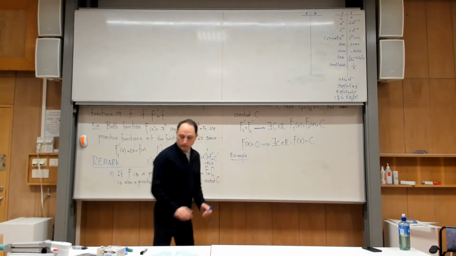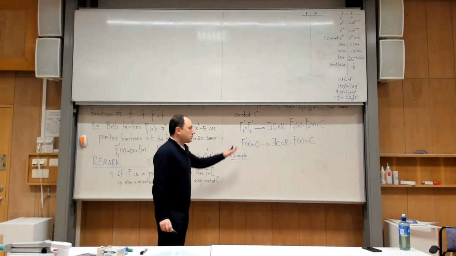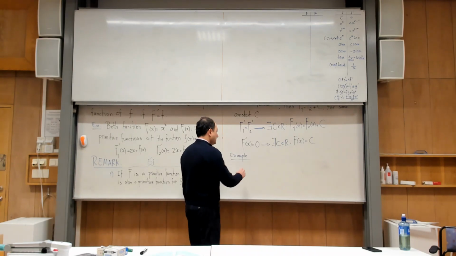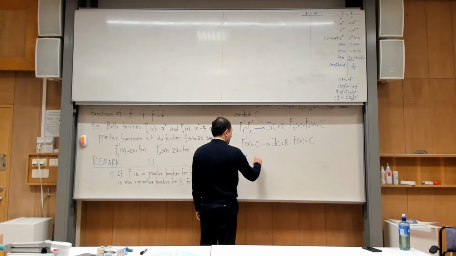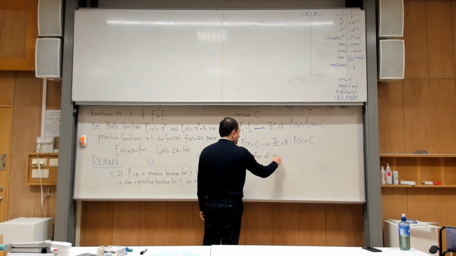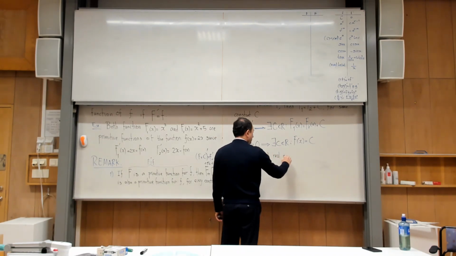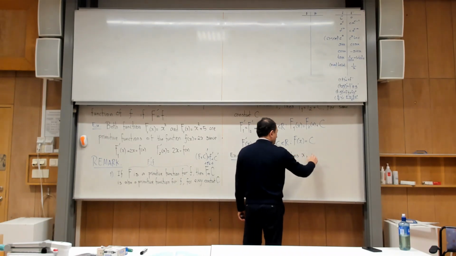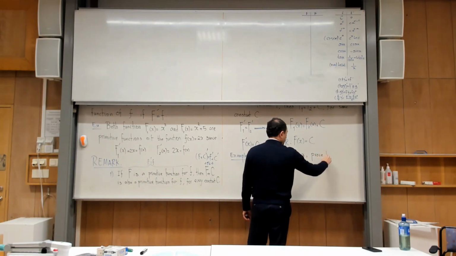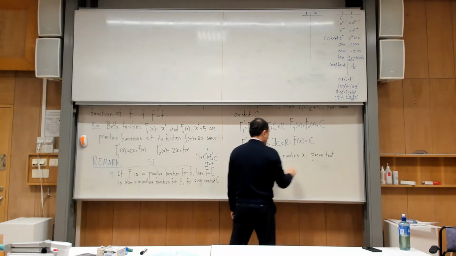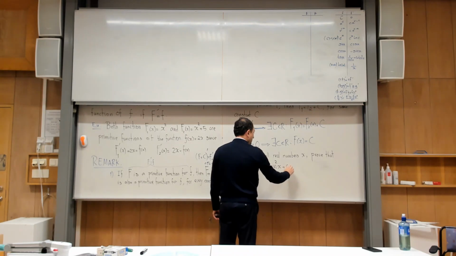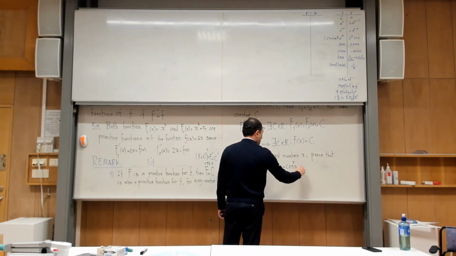We want to use this idea to prove this very famous trigonometric identity. For all real numbers x, prove that, of course, what I write here is completely trivial for you, hopefully by now: sine x squared plus cosine x squared is 1.